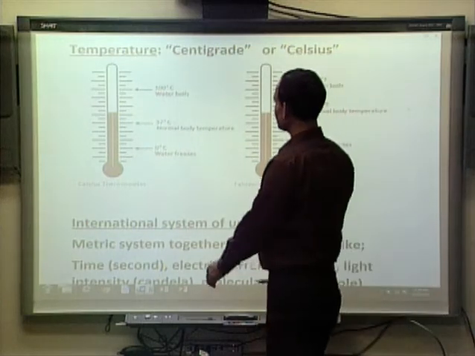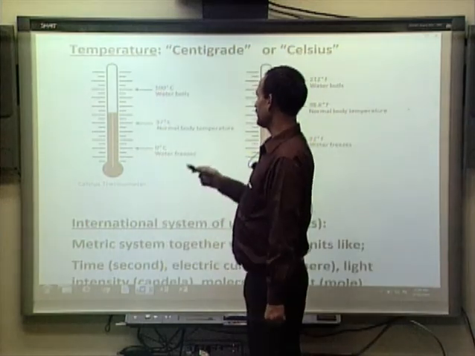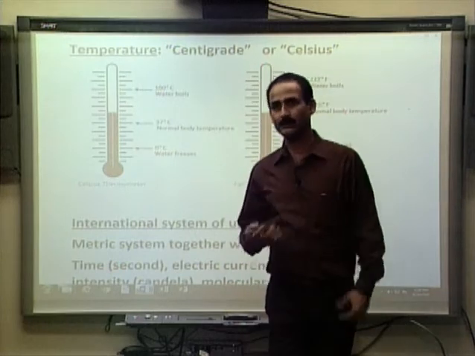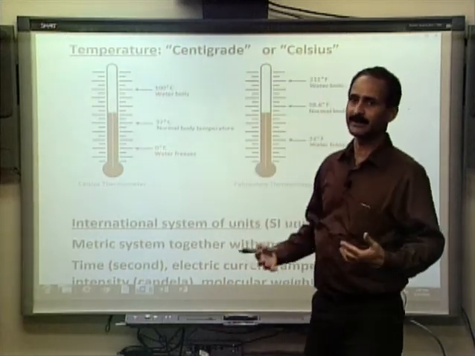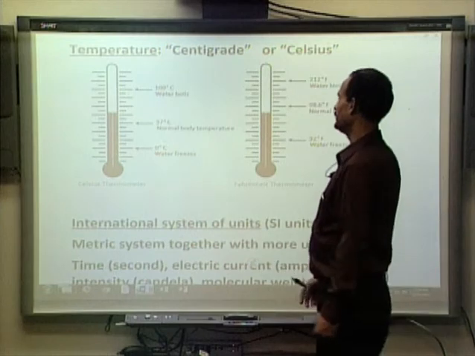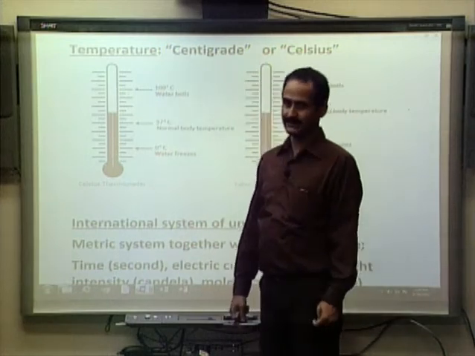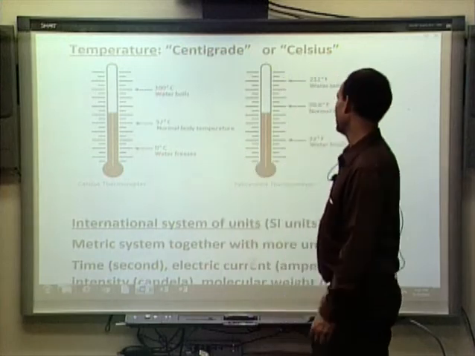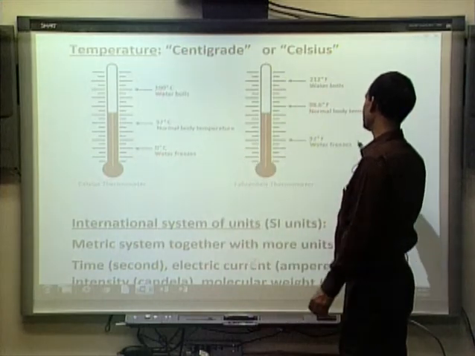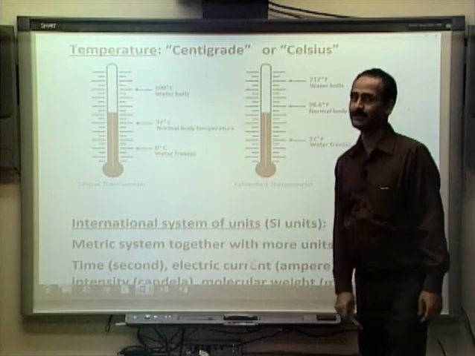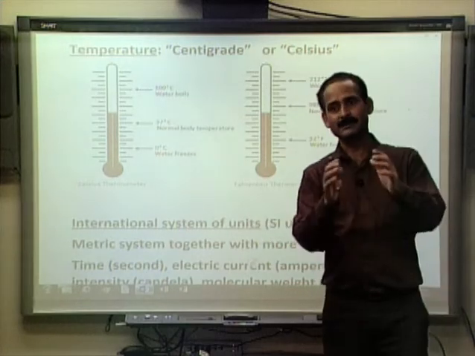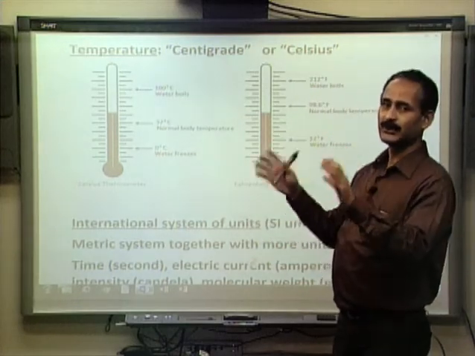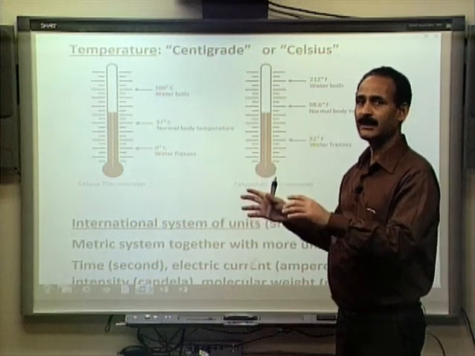In Celsius, 37 degree is our normal body temperature, and 0 degrees Celsius is the temperature when water freezes. In Fahrenheit it is 32 degree Fahrenheit. So 32 degree Fahrenheit is the same thing as 0 degree centigrade or Celsius.